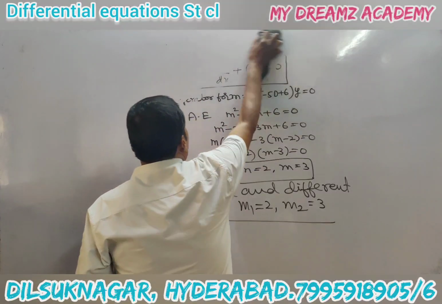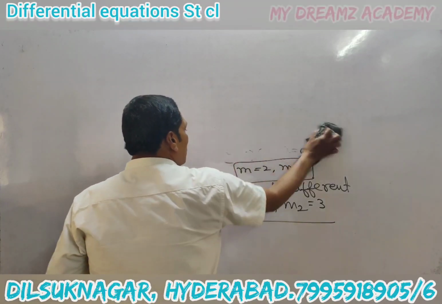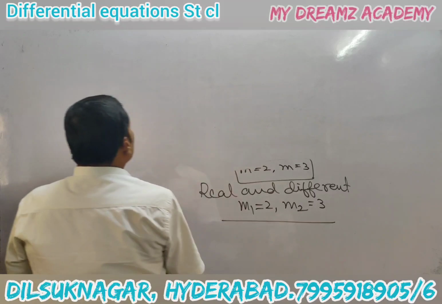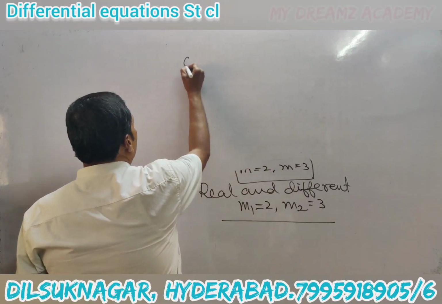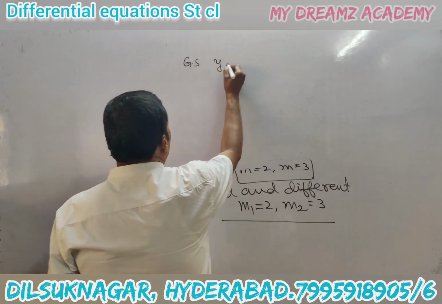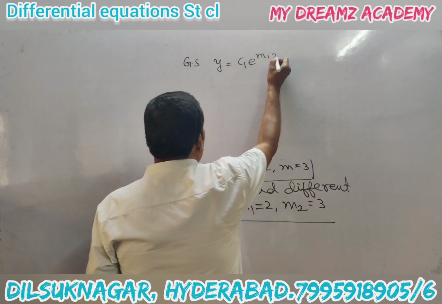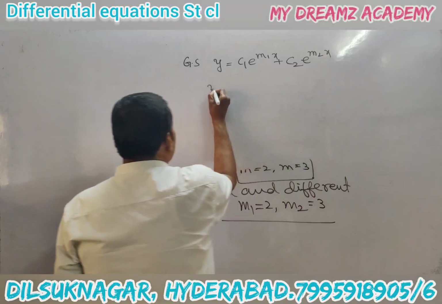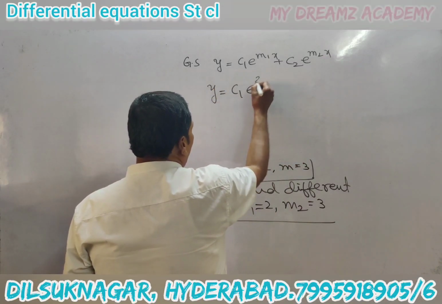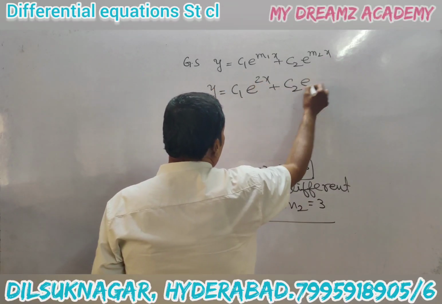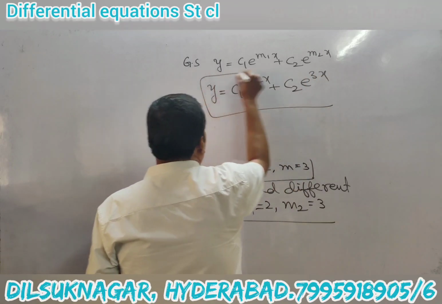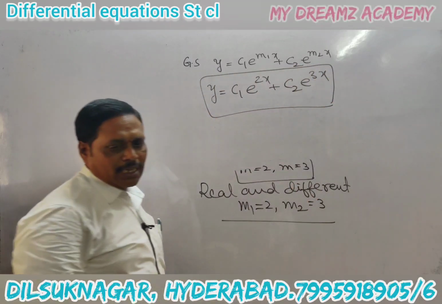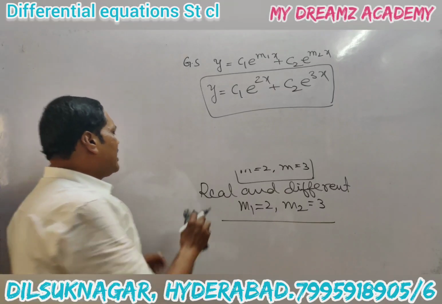The general solution is y is equal to c1 e power m1x plus c2 e power m2x. That is y is equal to c1 e power 2x plus c2 e power 3x. Just substitute m1 and m2 in the formula. Is it clear? It is very easy.